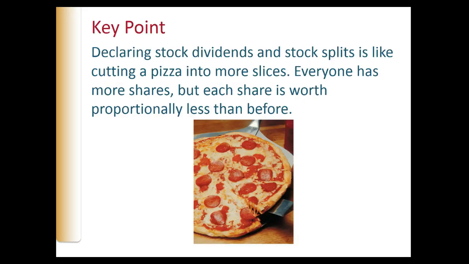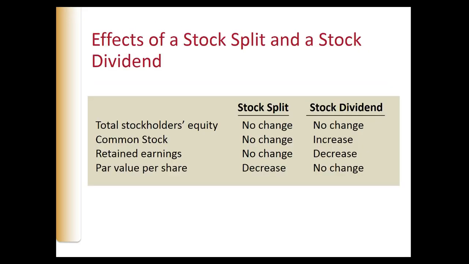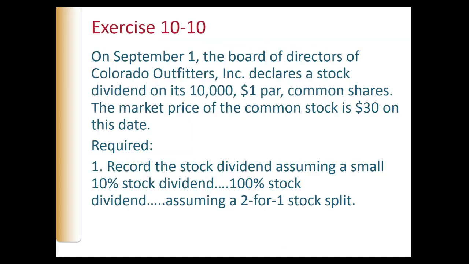So again, go back to this page. When we record a stock dividend, we're going to have an increase in common stock and a decrease in retained earnings. When we record a stock split, only our par value is going to change.